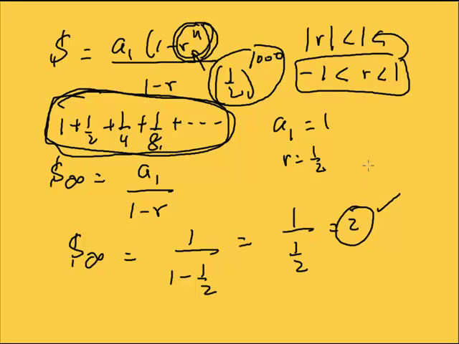Now, sometimes you can write this as an expanded version of it. You don't have to. We can write this in summation notation, and let me show you how to do that real quickly. Let's say you have 1 plus 1 over 2 plus 1 over 4 plus 1 over 8 plus dot dot dot.